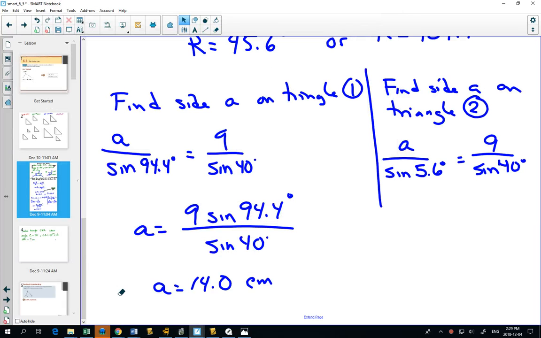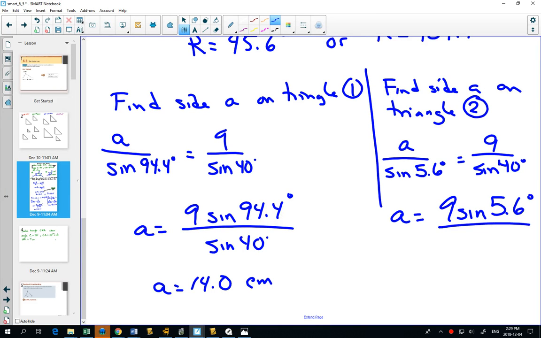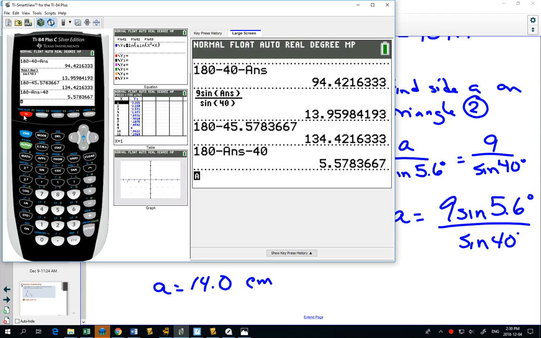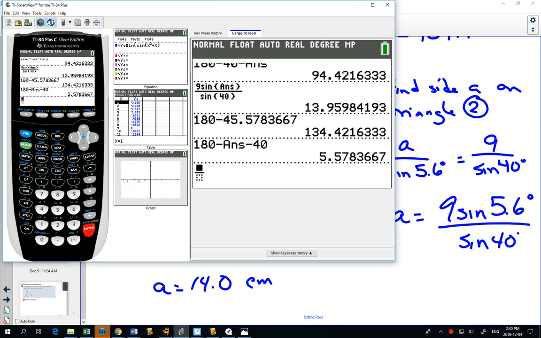Now that I have those decimal places, nine sine 5.6 divided by sine 40, so go to my fraction. 9 times sine of 5.6, so I'll get that as my answer, divided by sine of 40.